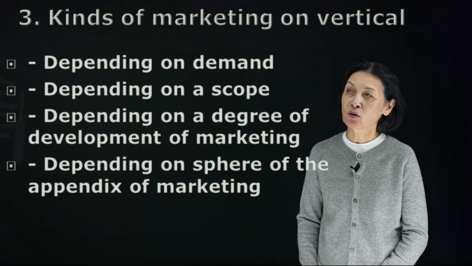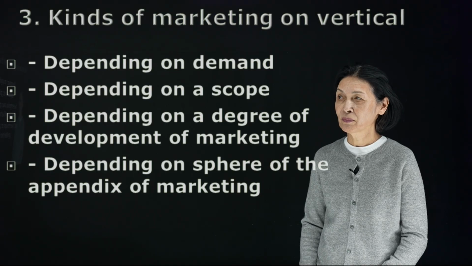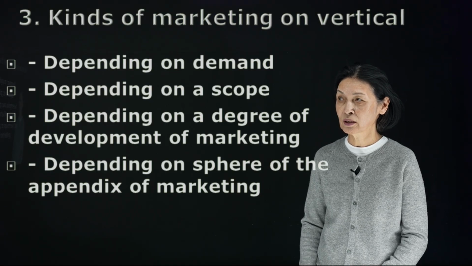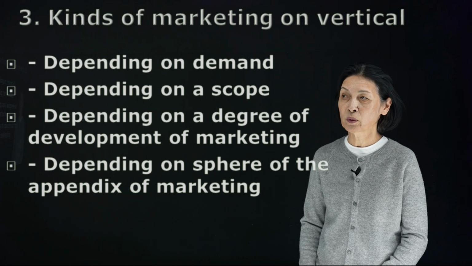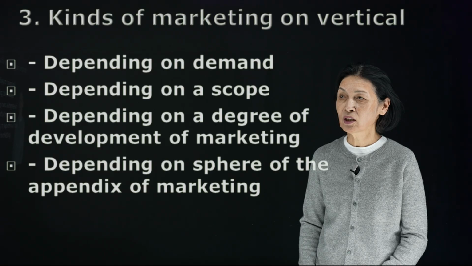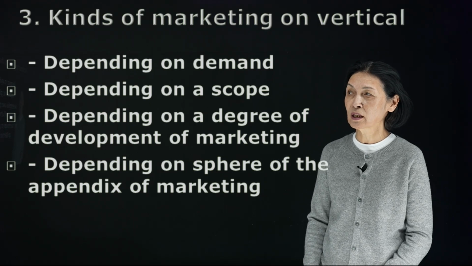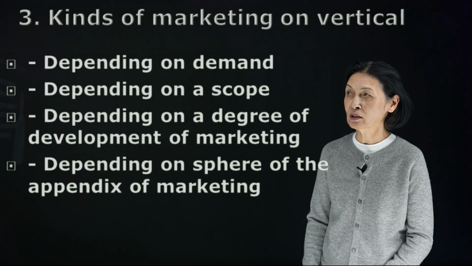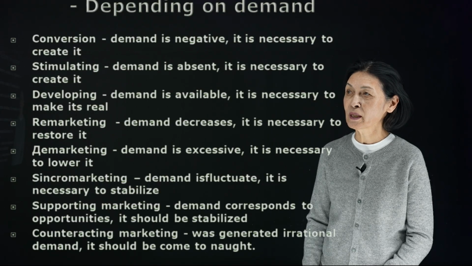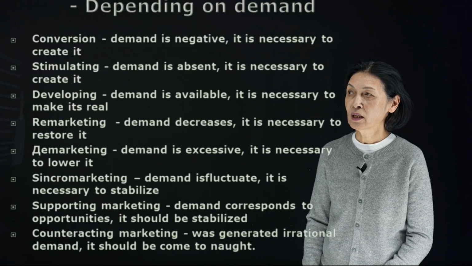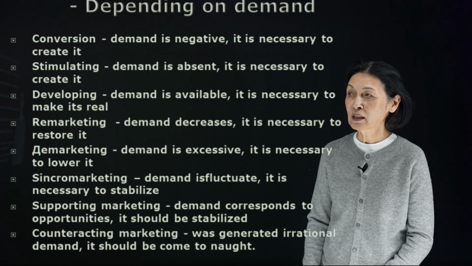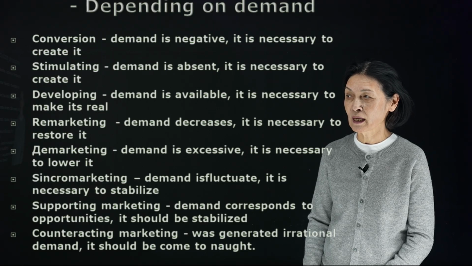Third, kinds of marketing on vertical: depending on demand, depending on the scope, depending on the degree of development of marketing, depending on sphere of the application of marketing. Each has different kinds. Depending on demand: conversion, stimulating, developing, remarketing, demarketing, synchro marketing, supporting marketing, counteracting marketing.